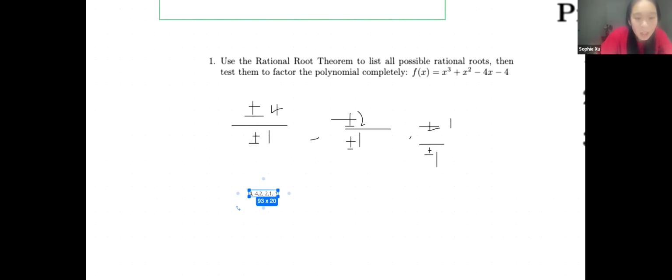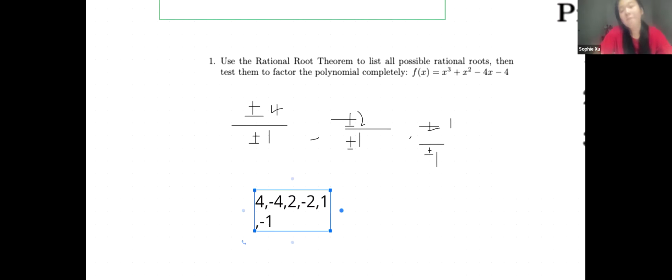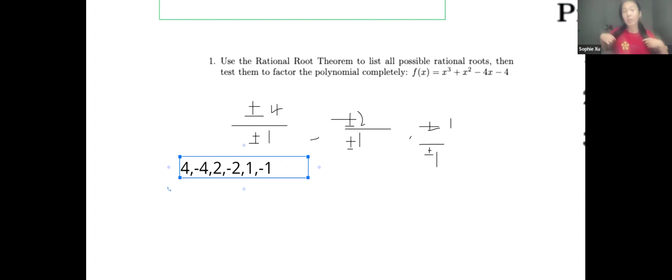Okay, so how do we test this? We can just use the factor theorem, right? If they are a root, then if we plug this into f of x, it should come up with 0, right? So can someone test some, and then I'll test the others because we only have 1 minute left. Actually, it's fine. Let's test it together. So let's test 4 first.